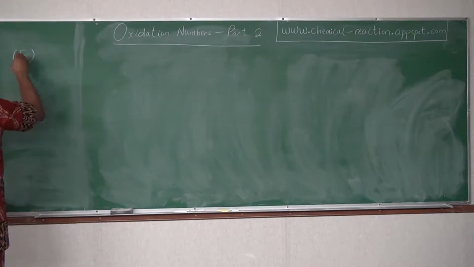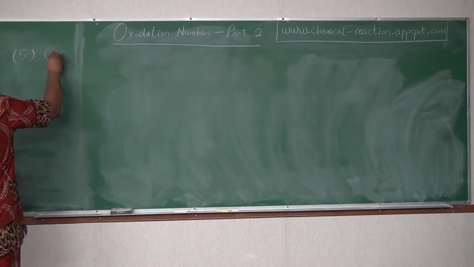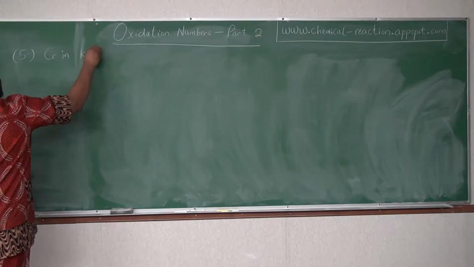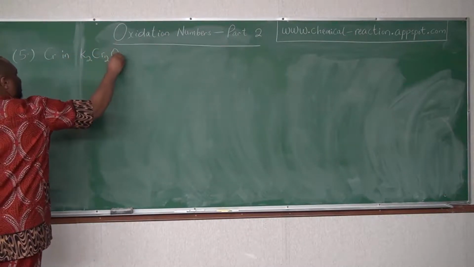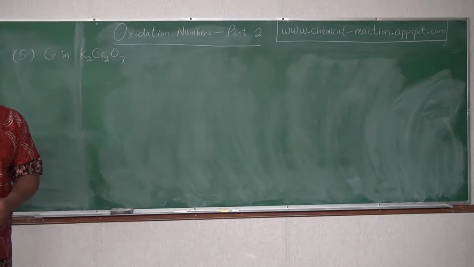We are asked to find the oxidation number of chromium in K2Cr2O7.